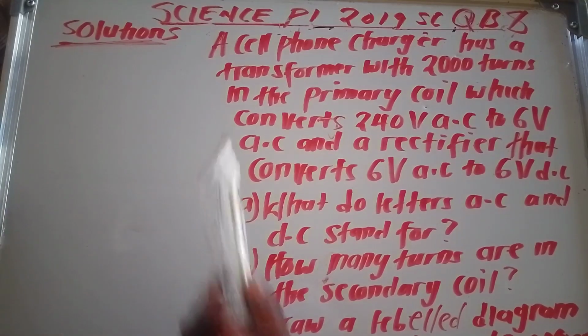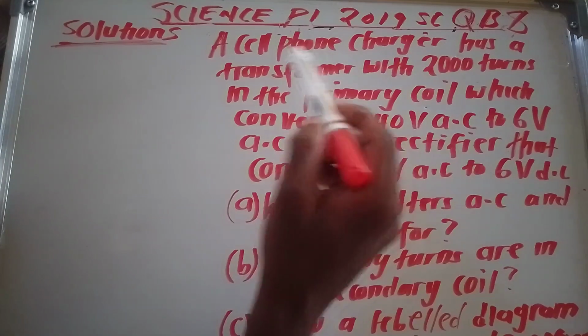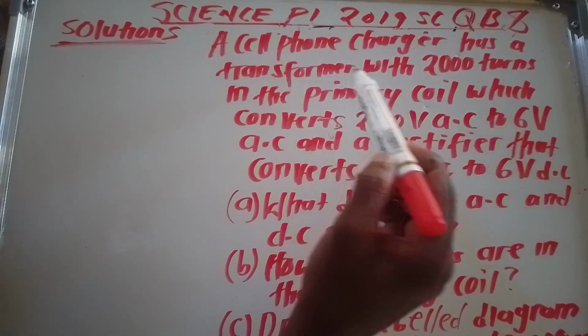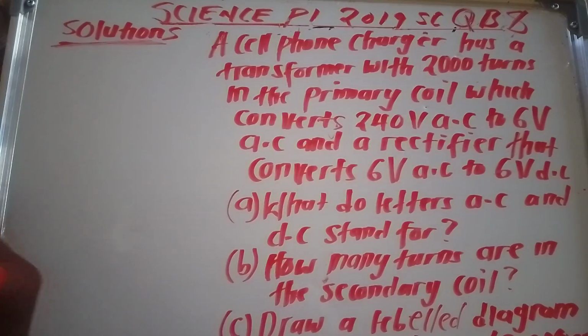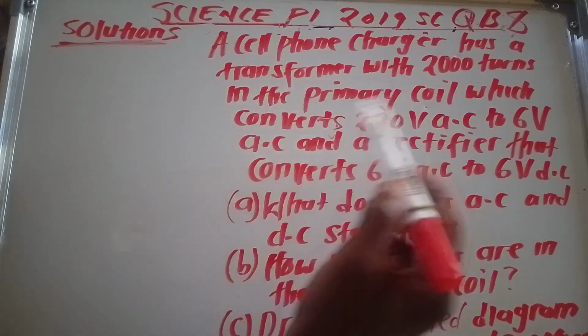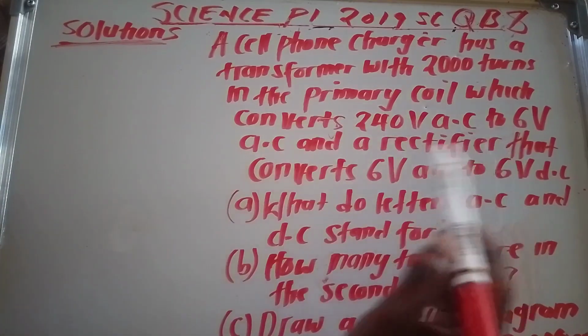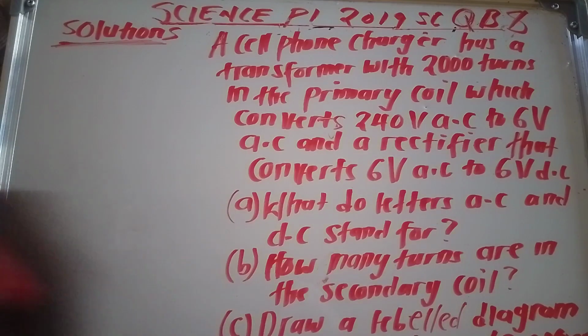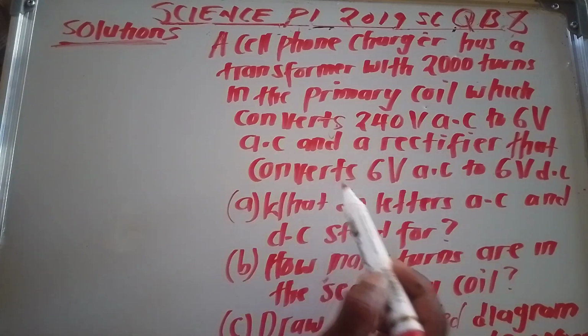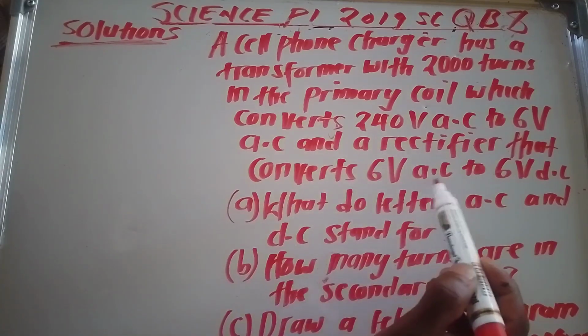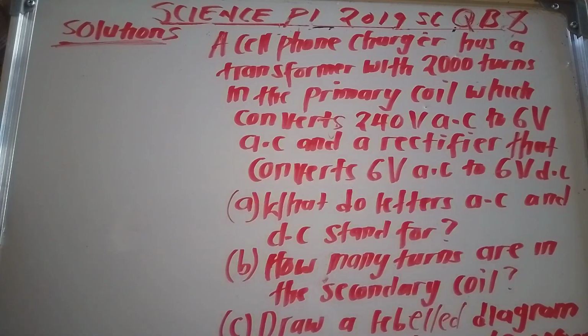So the question reads: a cell phone charger has a transformer with 200 turns in the primary coil, which converts 240 volts AC to 6 volts AC, and a rectifier that converts 6 volts AC to 6 volts DC.